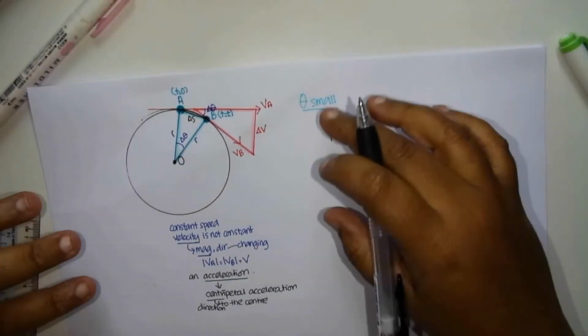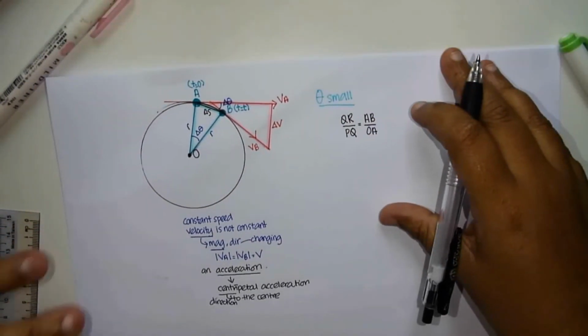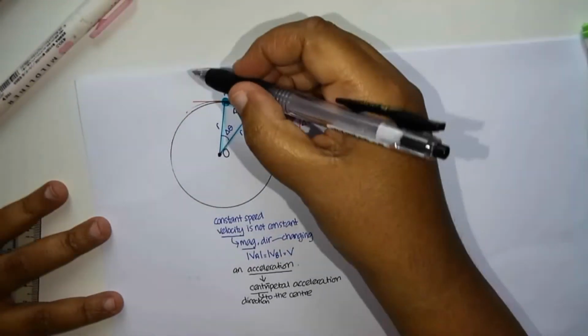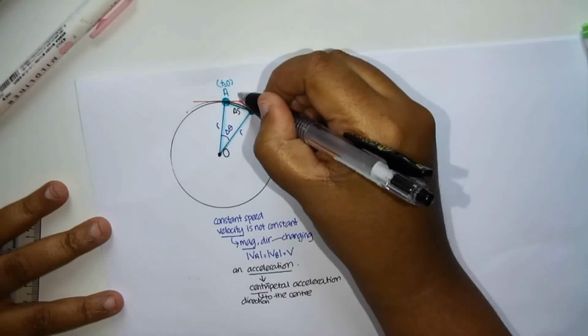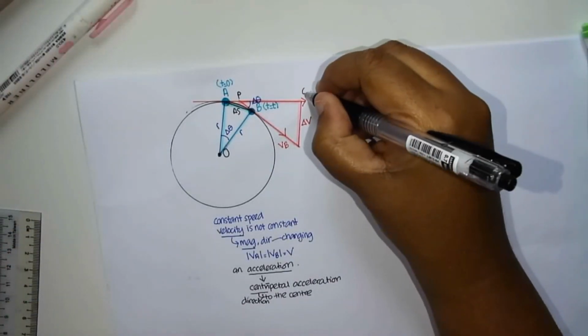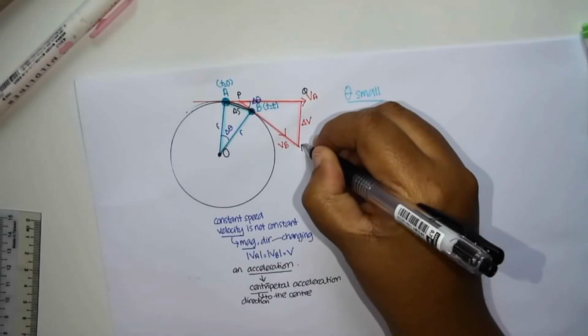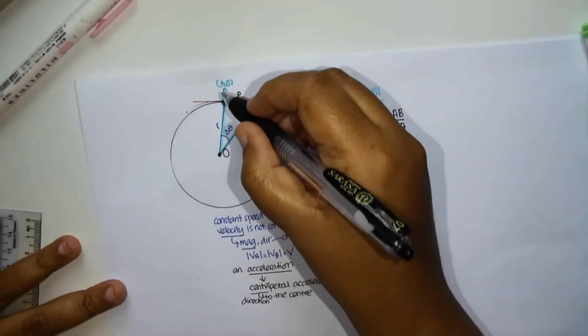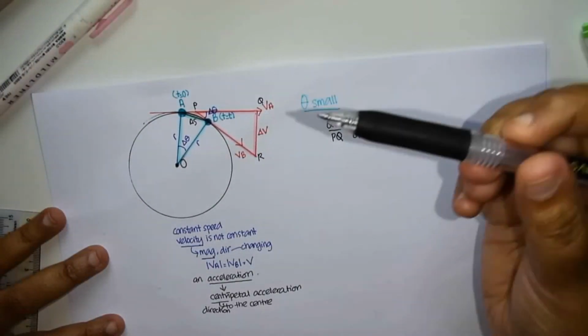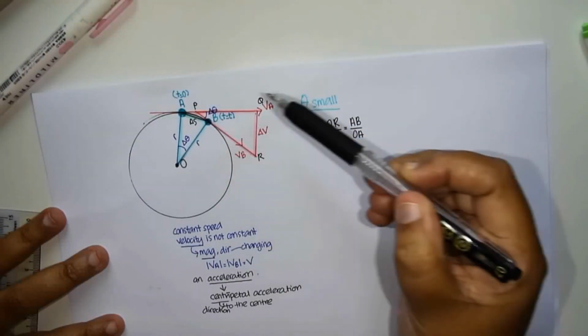Now why does the book say it like that? Let's see where our Q is according to the diagram here. I'm going to call this P, this Q, this one R, this one O, this one A, this is B. It says that QR is equal to AB when theta is small.